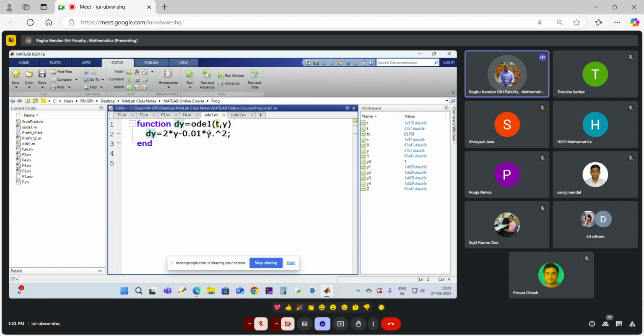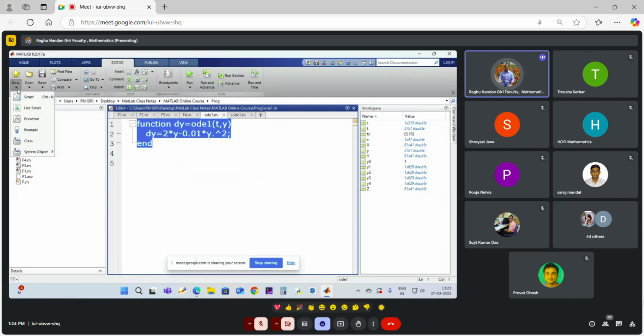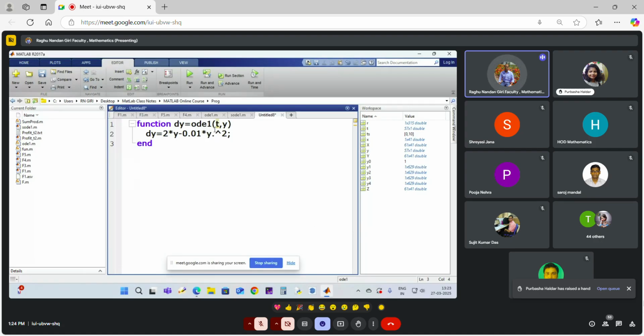In a similar way we can write the ODE function. Suppose ODE2 of t comma y, dy by dt. This is an array with two values.